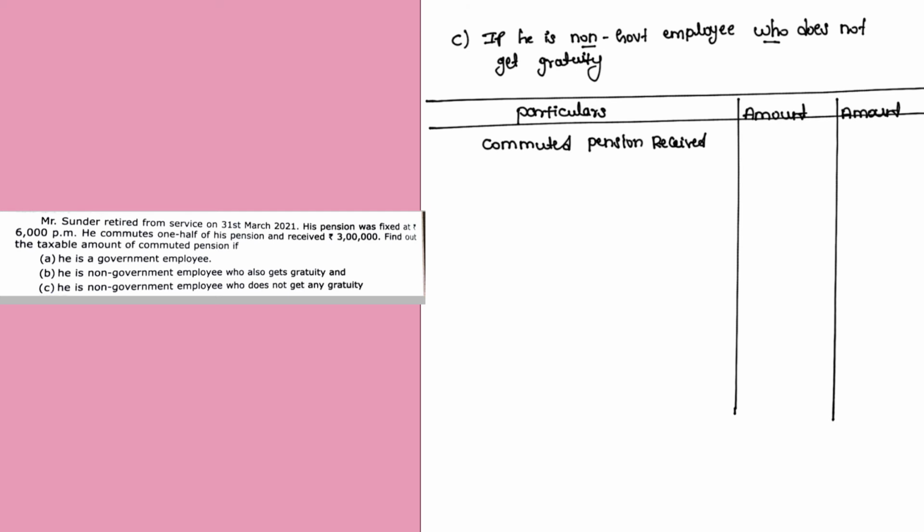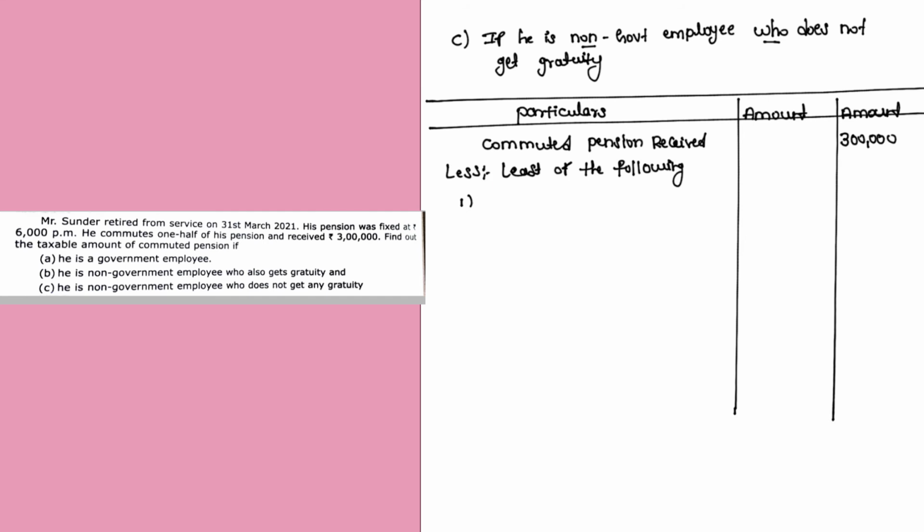In this problem they gave 3 lakhs. Less: least of the following.